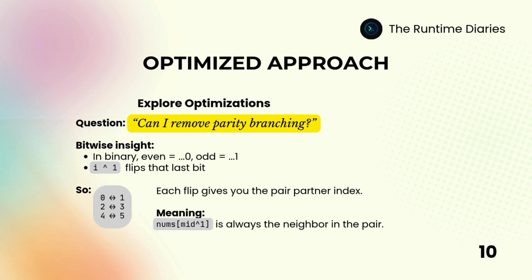So you have your pairs 0 and 1, 2 and 3, 4 and 5. Each flip takes you to the pair partner's index. So nums[mid XOR 1] is always the neighbor in the pair. That's a single line replacement for our entire even-odd branching.